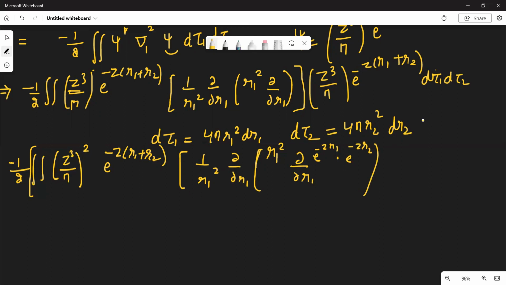I have split the exponential function into 2 parts. So here I'm writing 4 pi r1 square dr1, and here I'm writing 4 pi r2 square dr2.